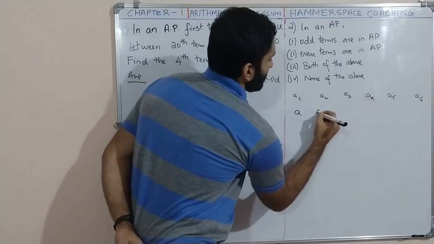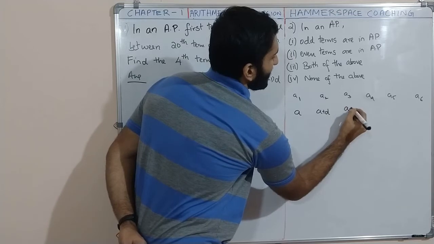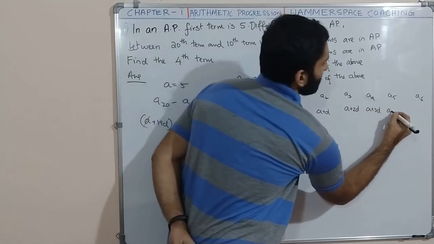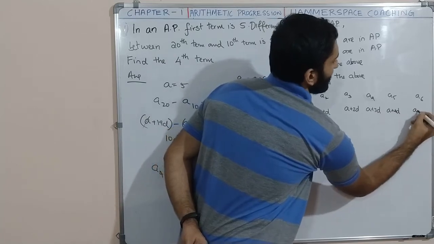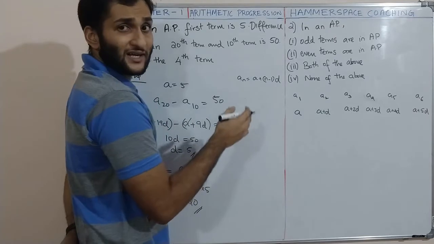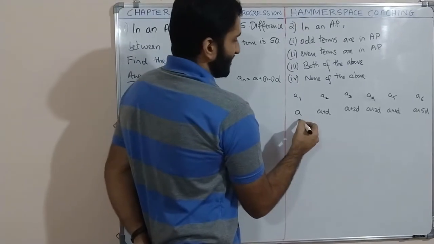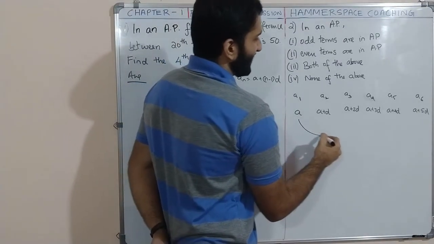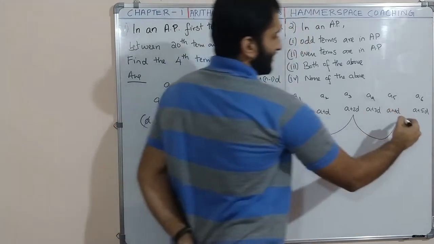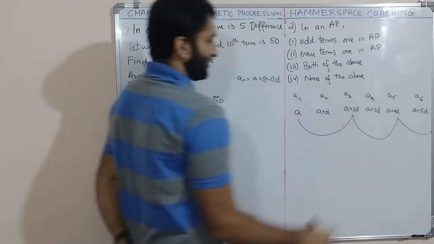This is A, A plus D, A plus 2D, A plus 3D, A plus 4D, A plus 5D, and so on. So let us take only the odd terms, that is A1, A3 and A5, and so on.